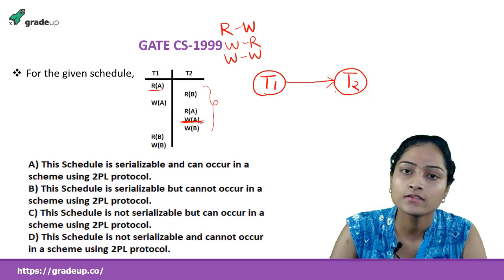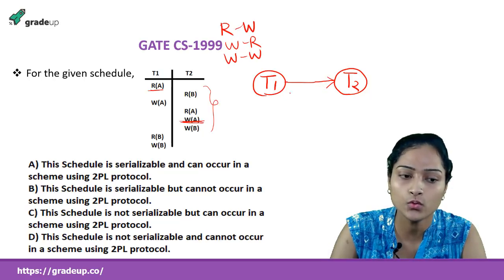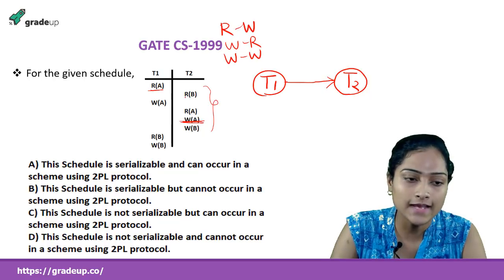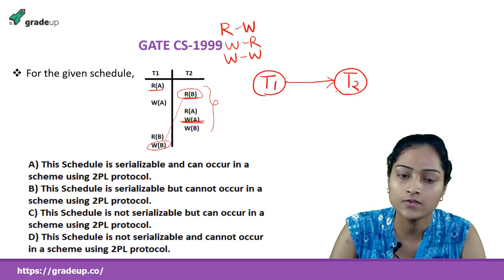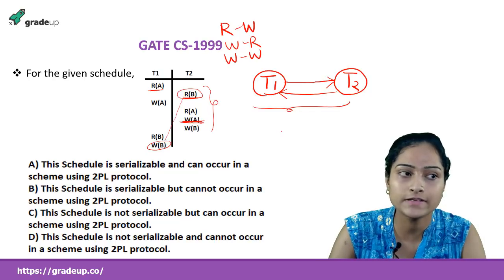Let us check for some conflict pair from T2 to T1. Observe the second operation is read of B. Check for write of B in transaction T1. Observe, we have the operation write of B in transaction T1, so we are going to have an edge from T2 to T1. And there exists a cycle in our precedence graph.